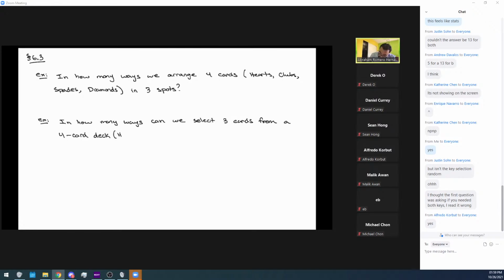We get hearts, clubs, spades, and diamonds. Just trying to keep it simple for right now. You'll see why in a sec. Let's call this A, and let's call this example B if you want. That way we keep them different.